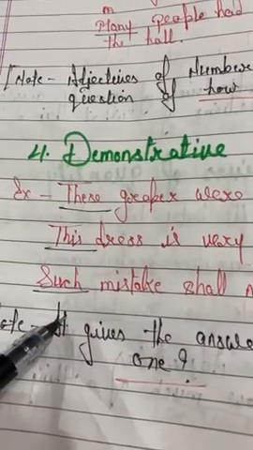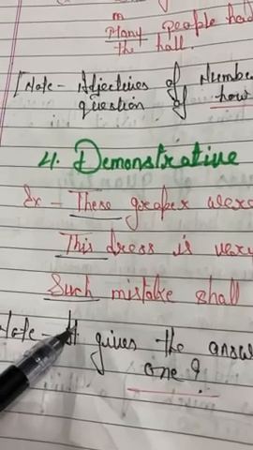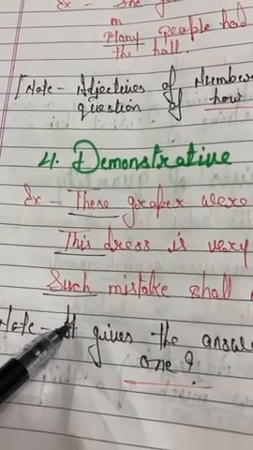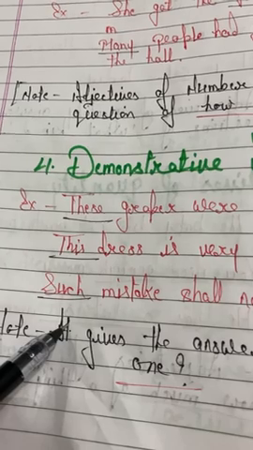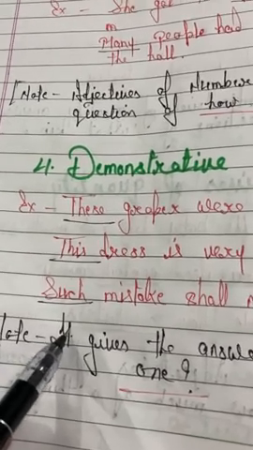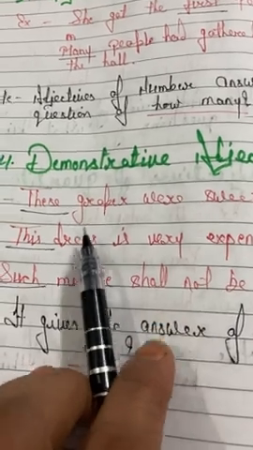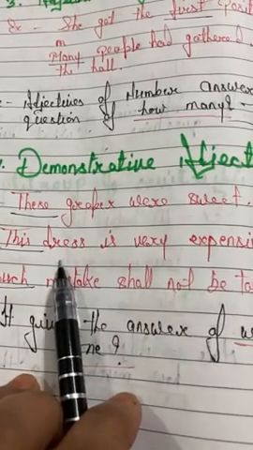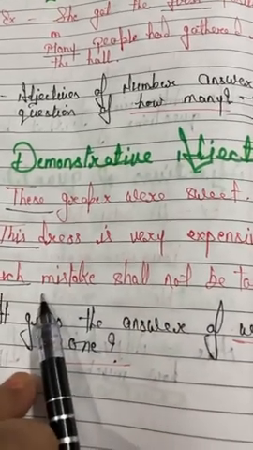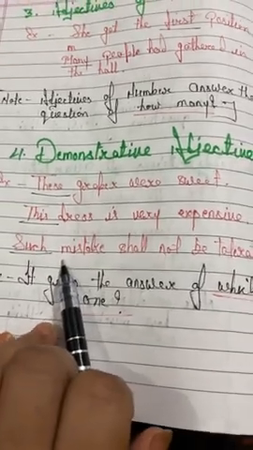All these words point out which person or thing is referred to, and they are known as demonstrative adjectives. For example, just have a look. These grapes were sweet. This dress is very expensive. Such mistakes shall not be tolerated.